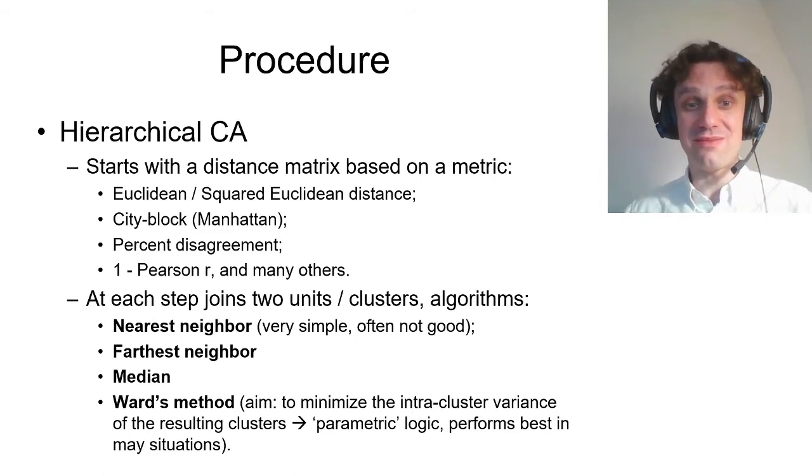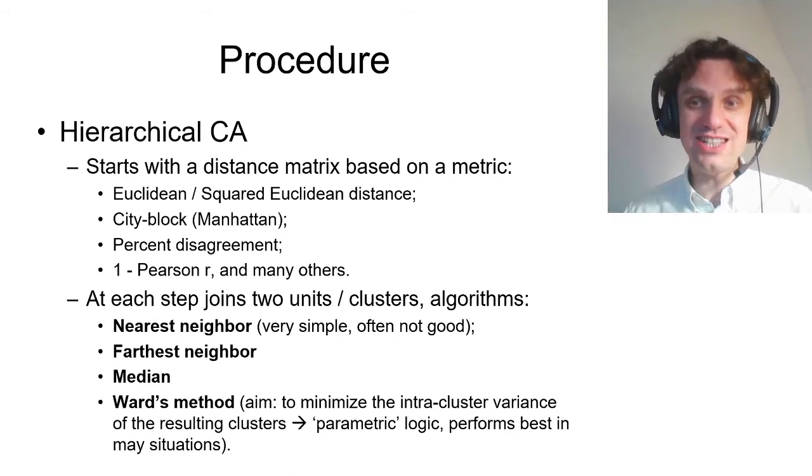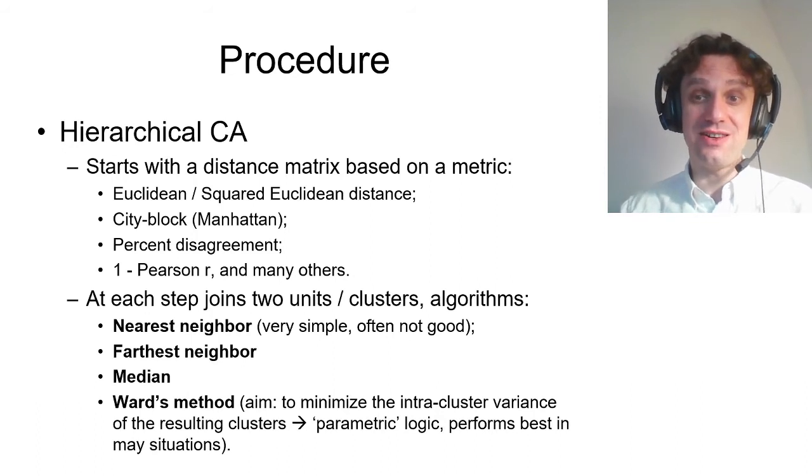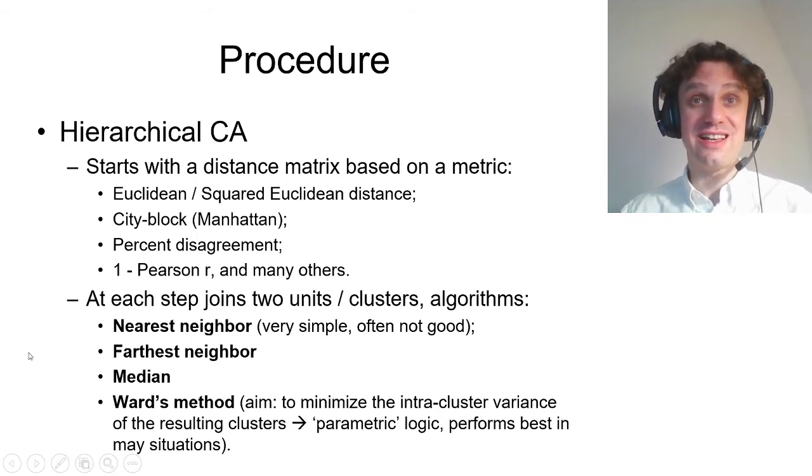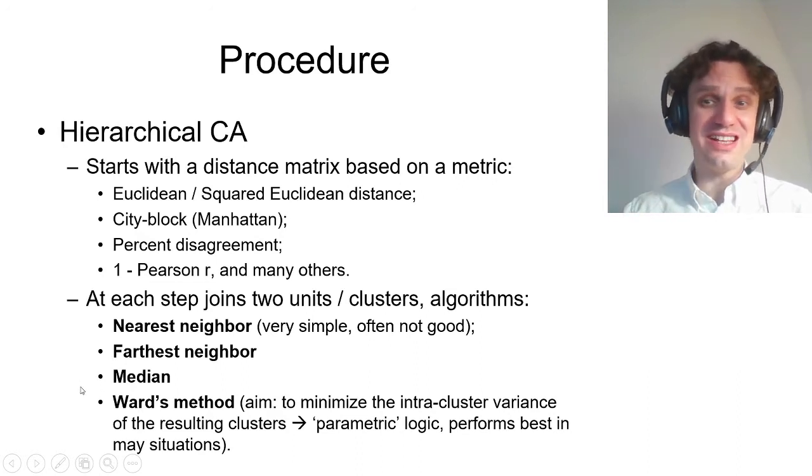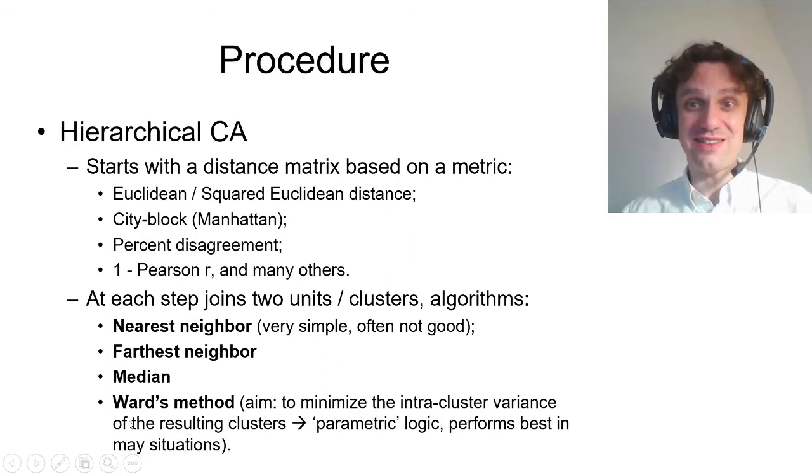And when the algorithm makes this decision, there are different principles that it can use. Nearest neighbor, farthest neighbor, or median. I will not go into details on all of these because it will take a long time. I will just say that the best method that works with psychological data is Ward's method.